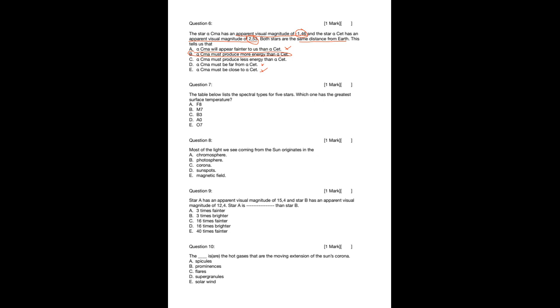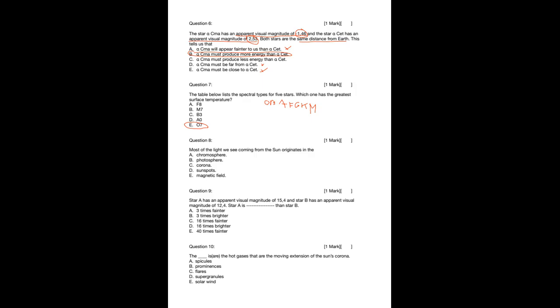So the table below lists the spectral types of 5 stars. Which one has the greatest surface temperature? Remember our little rhyme: O, B, A, F, G, K, M, or O be a fine guy or girl, kiss me. So which one will have the greatest surface temperature? That is correct, number E. It means O will be the greatest surface temperature, M the coolest.